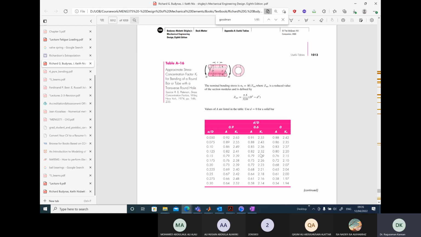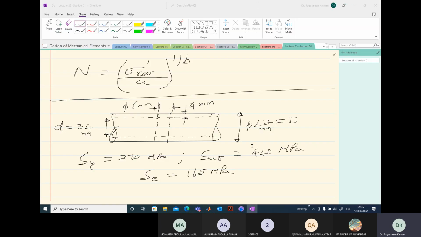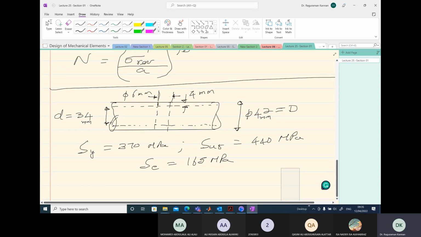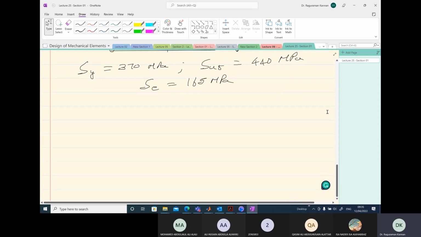So this will involve some interpolation to be evaluated. So first let's see here, what is the A over D value? 0.143. I'm going to do one example here, and you will calculate for torsion by yourself.